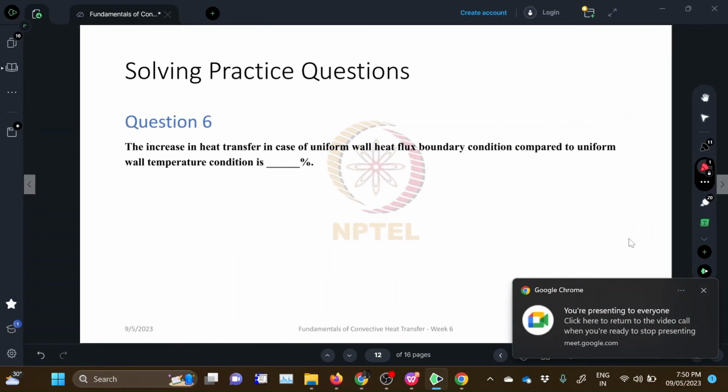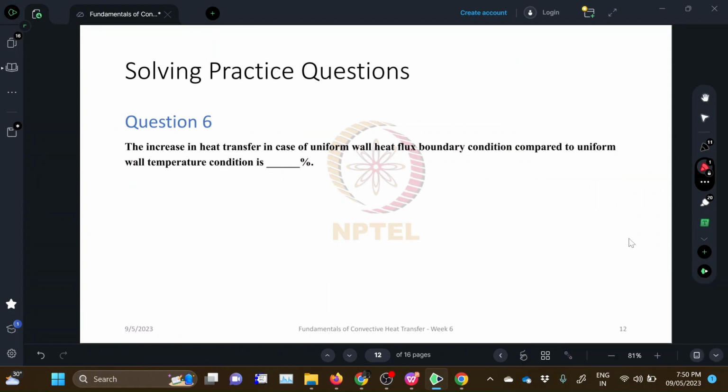We will move along to question number 6, which is now a numerical type question, which is asking us that the increase in heat transfer in case of uniform wall heat flux boundary condition compared to uniform wall temperature condition is blank percentage. You have to find out this number. So if we go from uniform wall temperature to uniform heat flux, there will be an increase in the heat transfer. What will that percentage increase be?